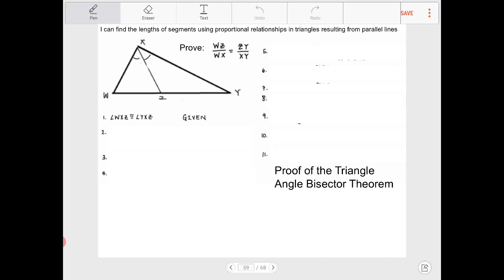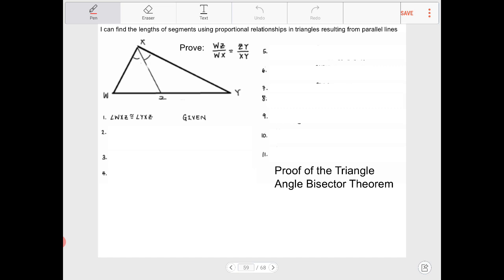So to start off, you're given this triangle here, which tells you that segment XZ is bisecting angle X, such that angle WXZ and angle YXZ are congruent.